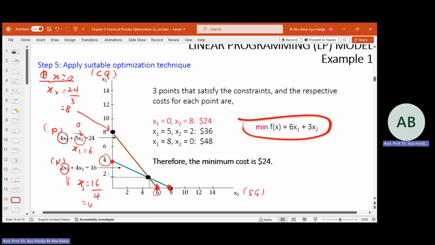Now from the two lines here, they cross at this point. X1 is 5, x2 is 2. Okay, so here we have 3 points that we can consider.